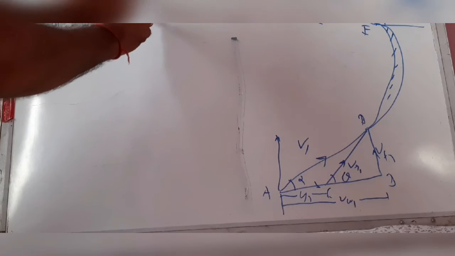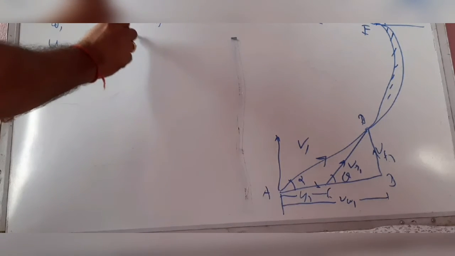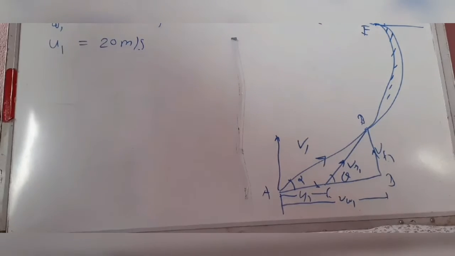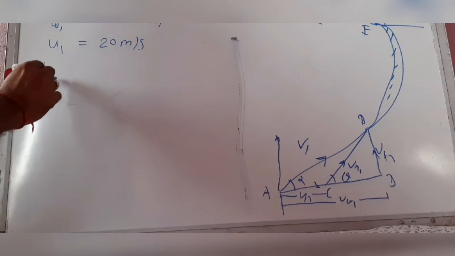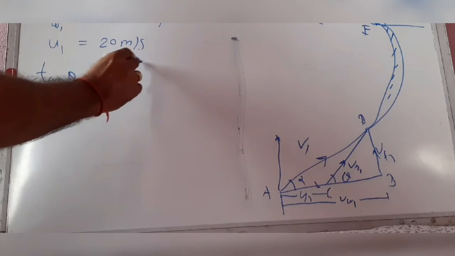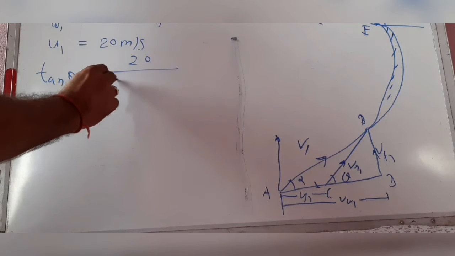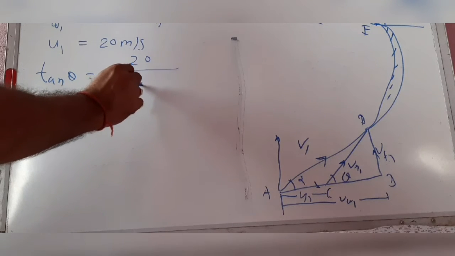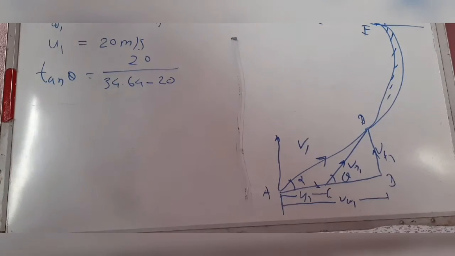34.64 meter per second, and U1 is 20 meter per second. Now putting the values, tan theta is equal to 20 by 34.64 minus 20.